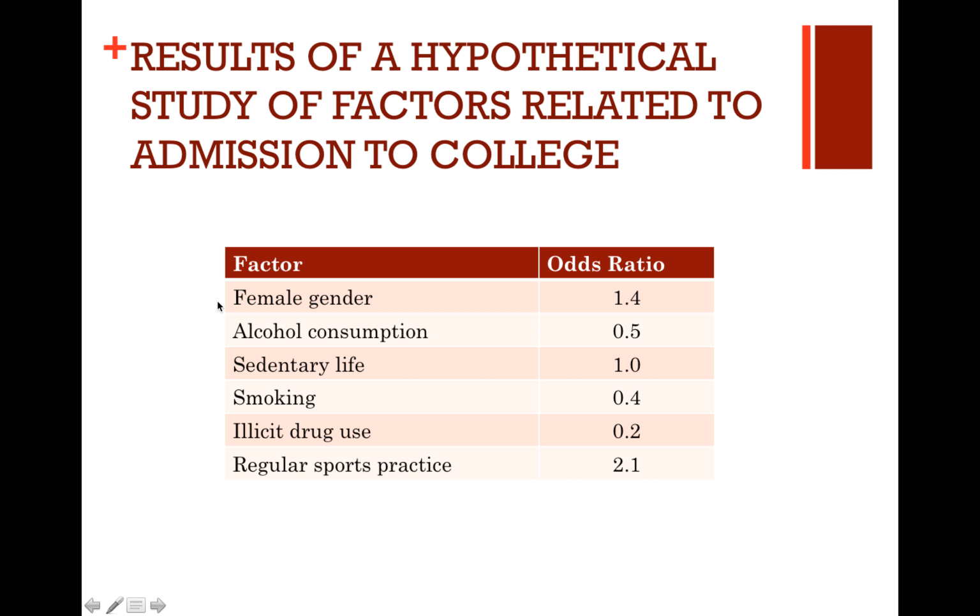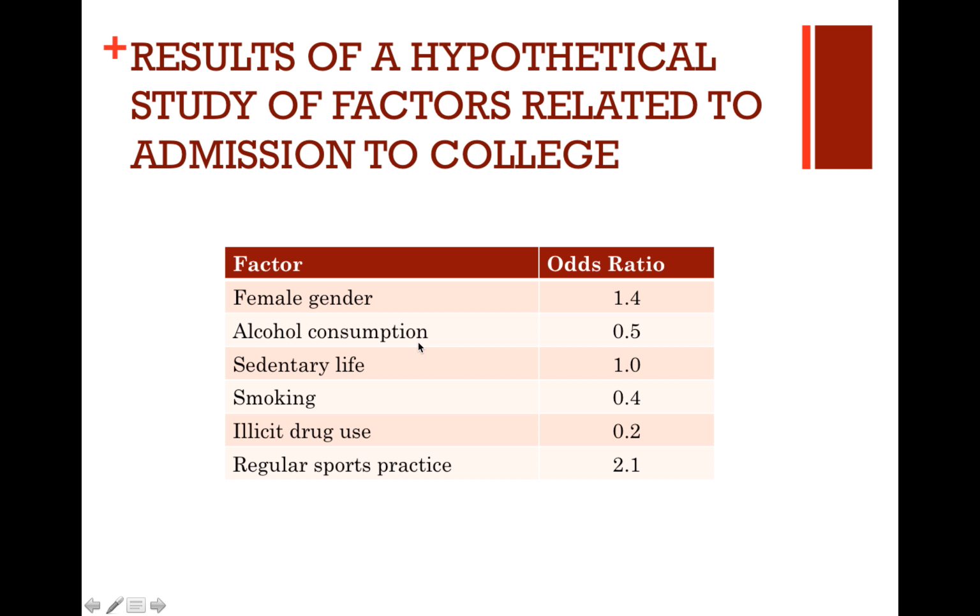They found that for female gender versus male, the odds ratio was 1.4. What this means is that those who identified as female were 1.4 times as likely to be admitted to college compared to men, or those who identified as male. Or you can say they were 40% more likely.